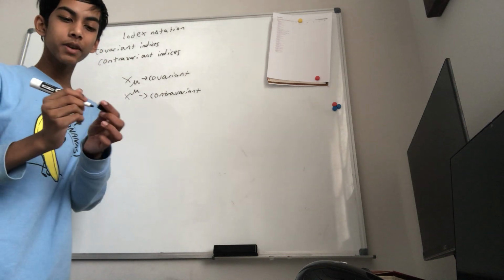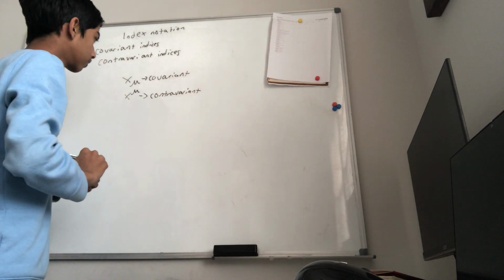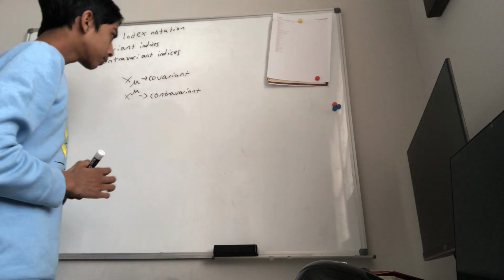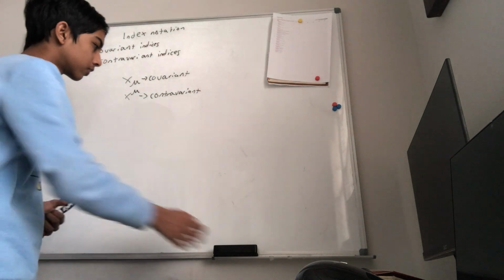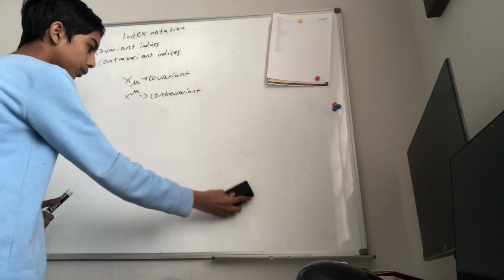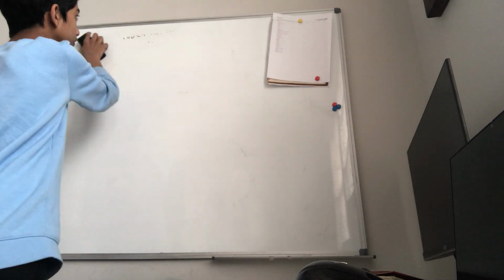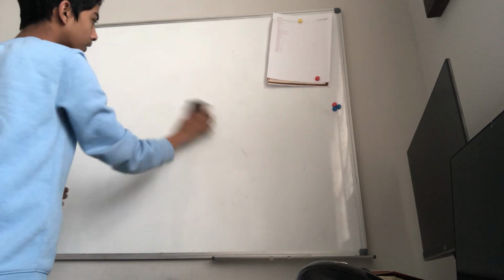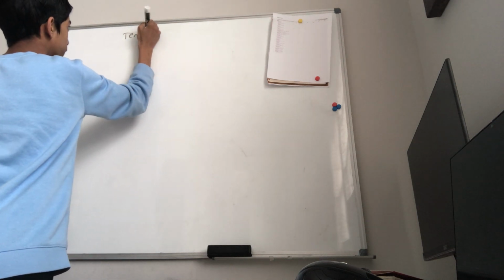So why are we making this distinction between covariant and contravariant vectors? Well, it's because they're related by a tensor. But before we get into that tensor, let's talk about what exactly a tensor is.